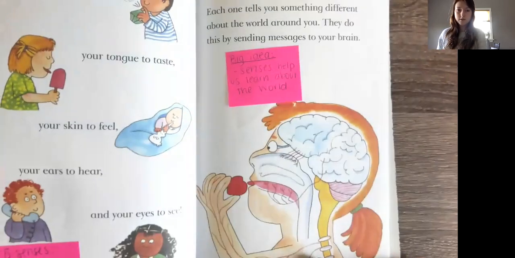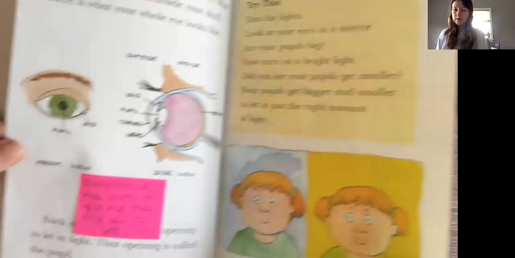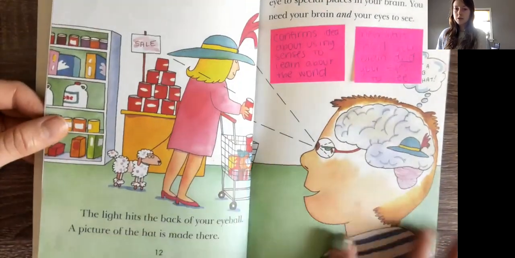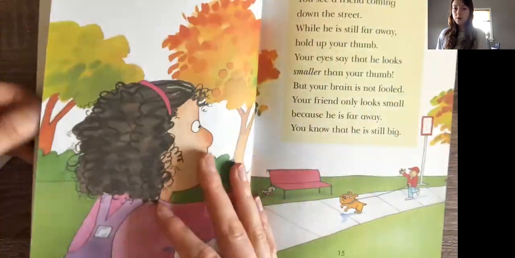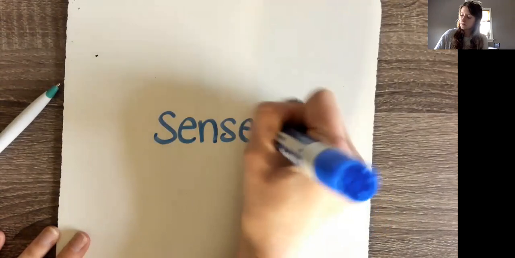Sorry, my camera's a little blurry. This one was my big idea about the book, right? And then throughout the book, I have post-it notes about different captions or ideas that I had or information that I learned throughout this book. So I know that my big idea about this book is that the whole book was about, we'll say, the five senses.